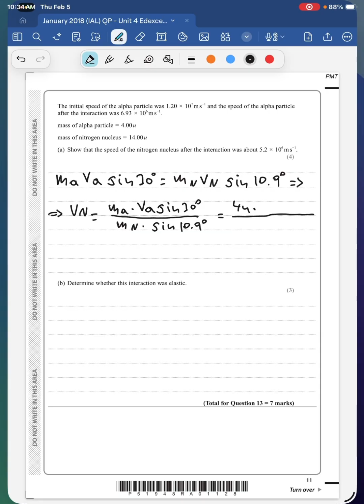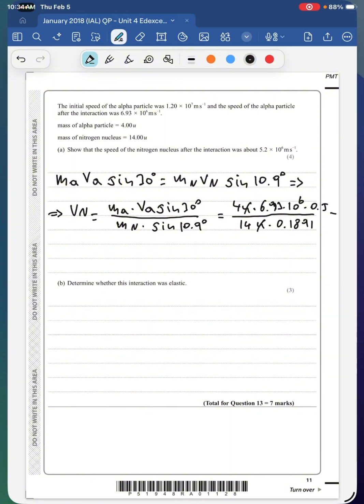If we plug in the values, we have 4u times 6.93 times 10 to the 6 times 0.5, which is the sine of 30 degrees. And in the denominator, we have 14u times 0.1891, which is the sine of 10.9 degrees.